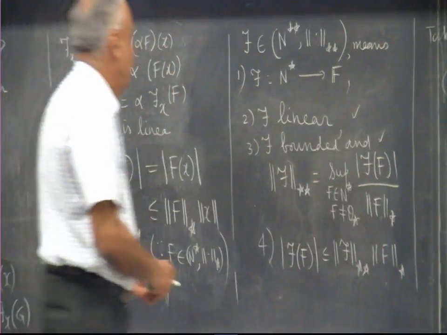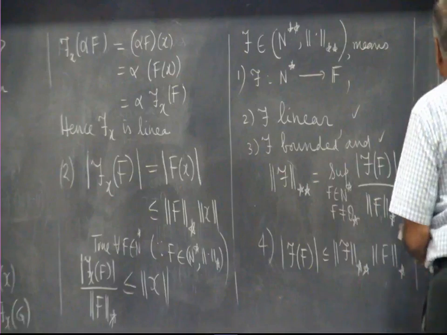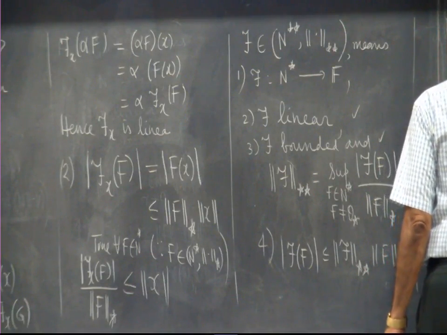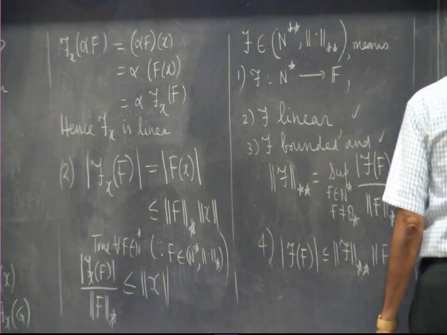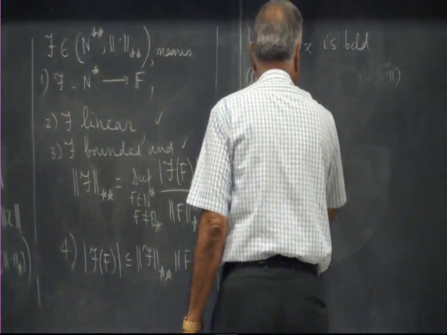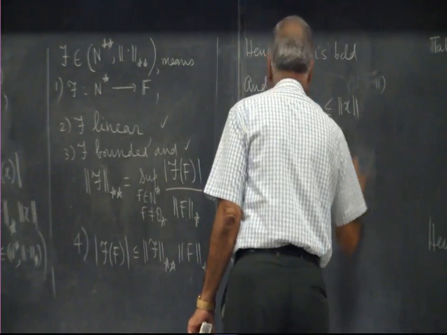So hence, F_x is bounded and the norm of F_x is less than or equal to norm of x.